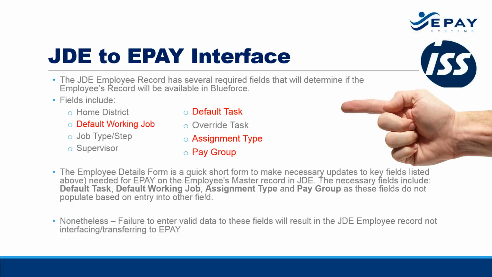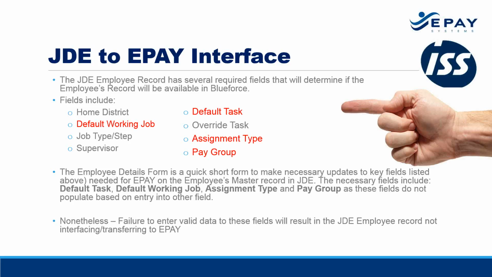Now, on my next slide, just a quick overview. For those that do have JDE access and actually work with JDE, it is important that these fields listed here are entered correctly. Four fields are in red purposely because those fields are all on us. We're the ones that have full control of keying in information to those fields.